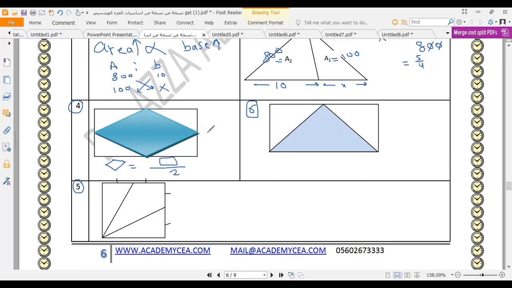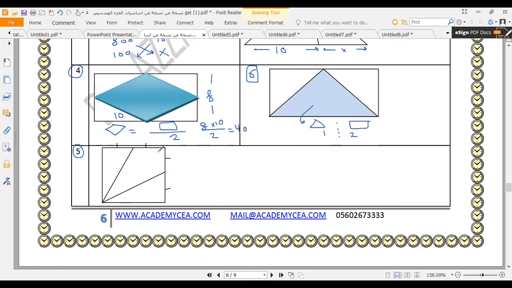So if the rectangle is measured by 8 and 10, the area is 8 times 10 over 2, so it will be 40. And also the area of the triangle to the area of the rectangle will be half. So if you want to find the area of the triangle here, it will be equal to half of the area of the rectangle.